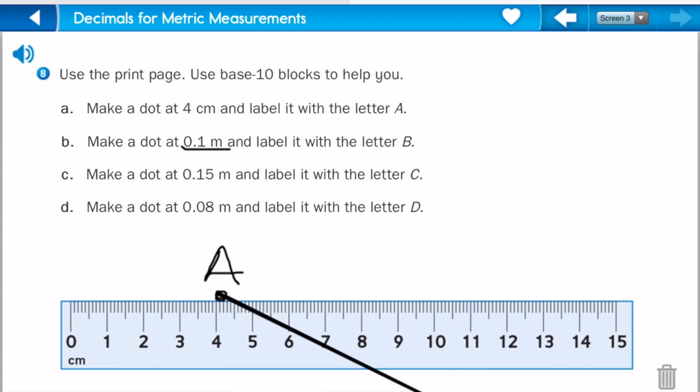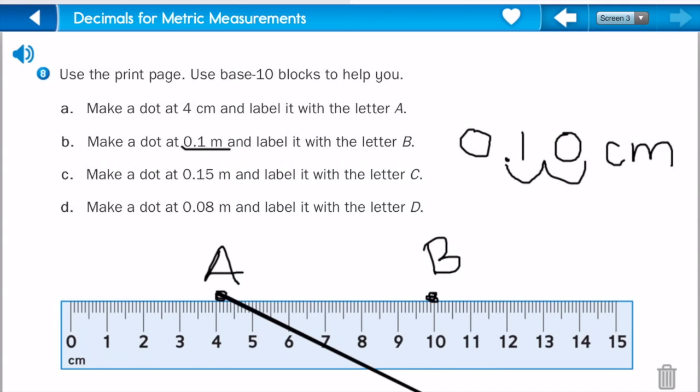So if we write this down, we know that we move the decimal place over 2 spots, and we get 10 centimeters. So let's label 10 with a B.